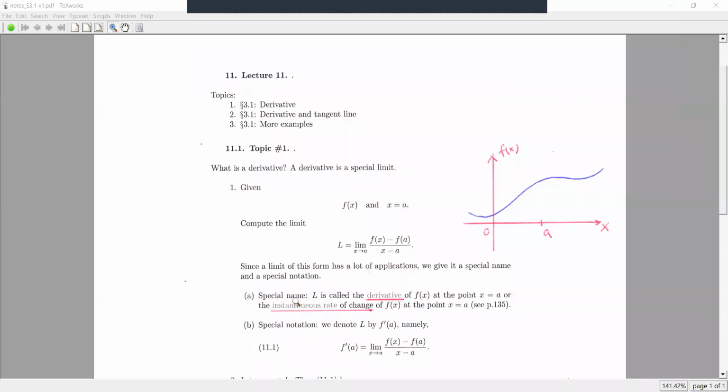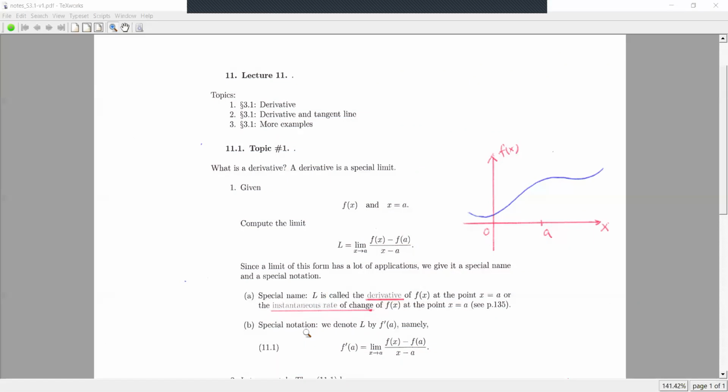The special name is, we call L the derivative of the function f at a point a. This is a popular name. A less popular name is, we call L the instantaneous rate of change of the function at the point a.